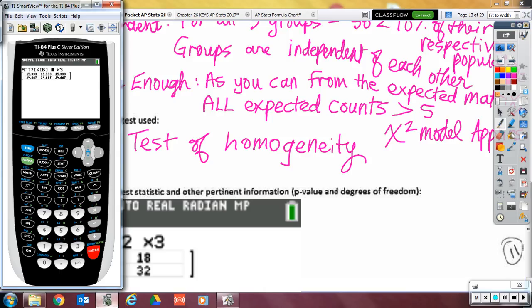We do not go to the list because this data is multidimensional. We go to the matrix. So you need to go second matrix, which is the x to the -1 button. Second matrix. And I'm going to go over to edit and hit enter.